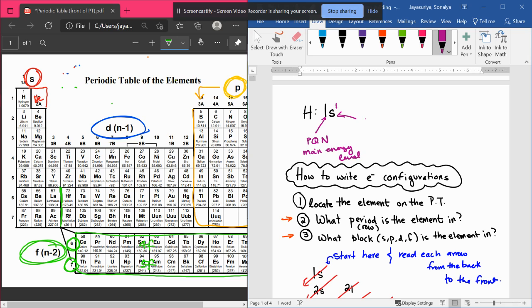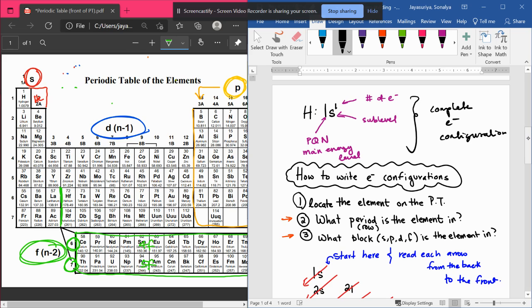The s is the sublevel, and then the 1 is the number of electrons in there. Okay, I'm going to make the 1 the same color. There we go. This is called the complete electron configuration of an element.